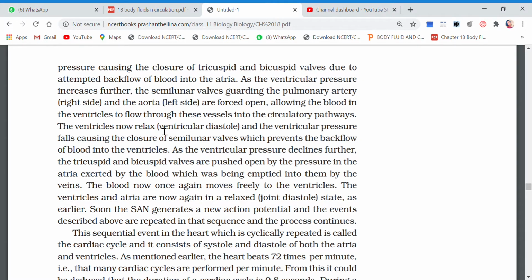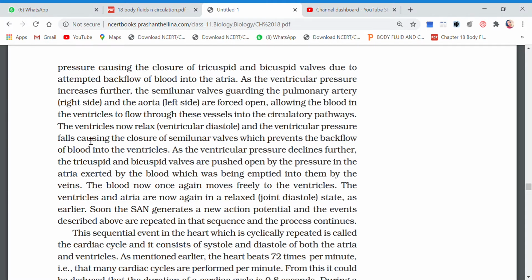Now the ventricles are relaxed. That means they are showing ventricular diastole, and the ventricular pressure is falling down. Now the semilunar valves will close. So remember, semilunar valves will open only when the ventricular pressures are high.